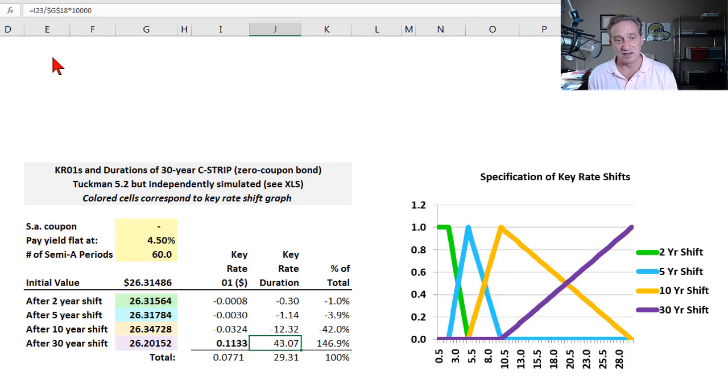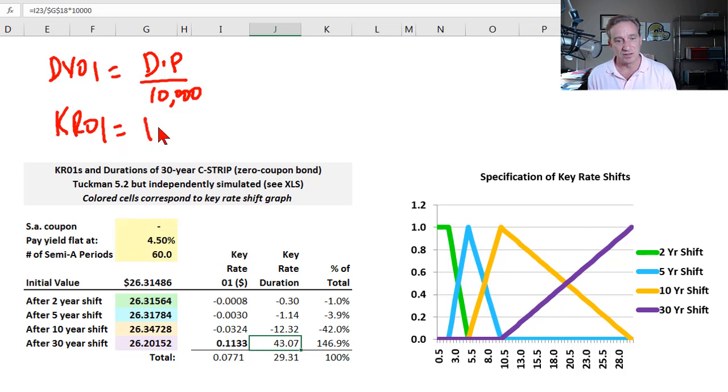And we can think there, in terms of analogies, maybe the most important function for the regular DV01 was that duration times price, which itself is dollar duration, divided by 10,000, equals the DV01. Well, similarly, the key rate 01 is equal to the duration, where I'm going to just subscript the K to indicate it's a key rate duration as opposed to a plain old single factor duration, times the price divided by 10,000.